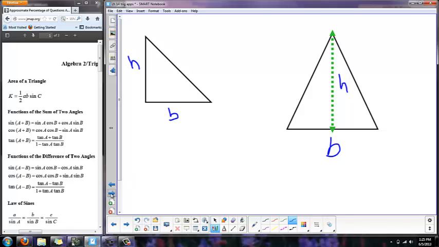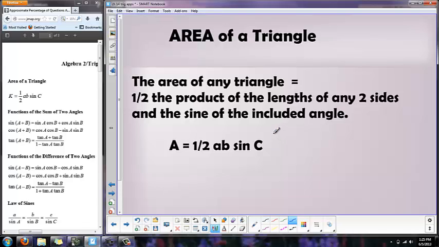So we are going to learn a new equation for area of a triangle, and the reason why nobody taught you this before was because it involves trig, because it has sine of an angle in it, which is really not hard trig, it's just trig.